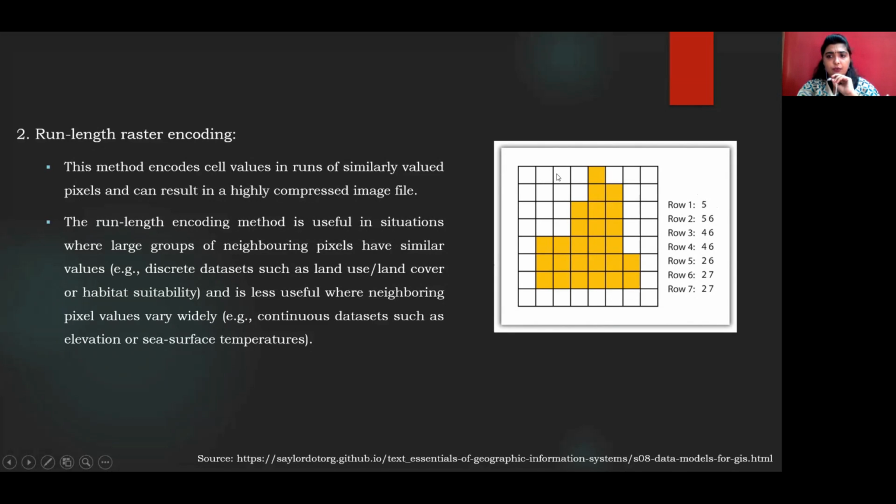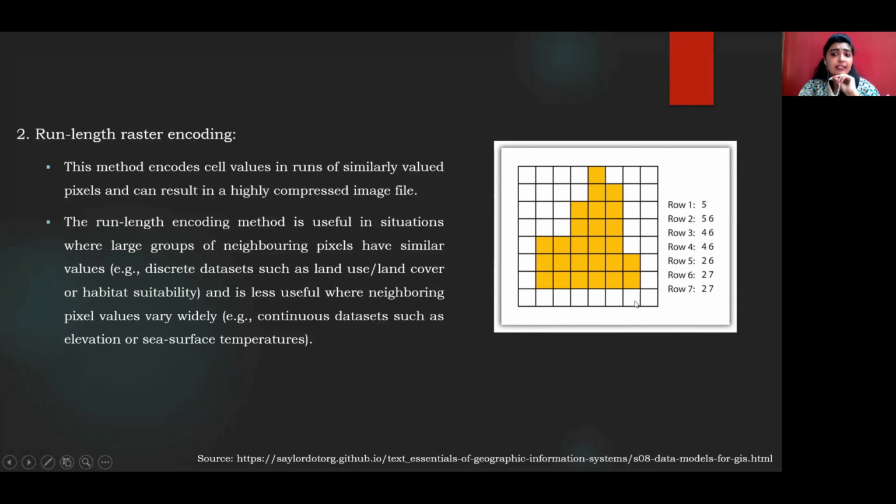So this is 1, 2, 3, 4 and 5th. This is the 5th pixel in row 1 that is actually required. Then for the second row, you have the 5th and the 6th. Only the pixel that has the value, the position of that pixel is written.